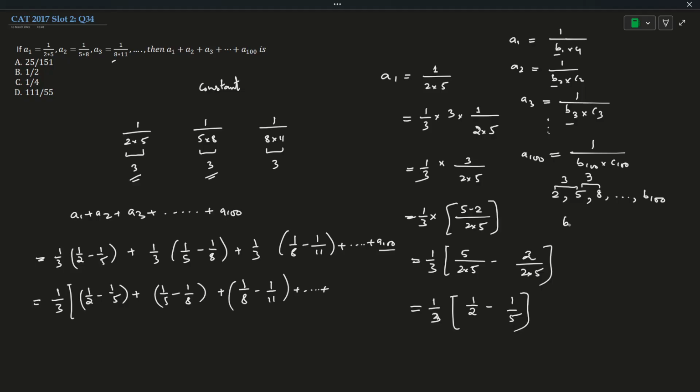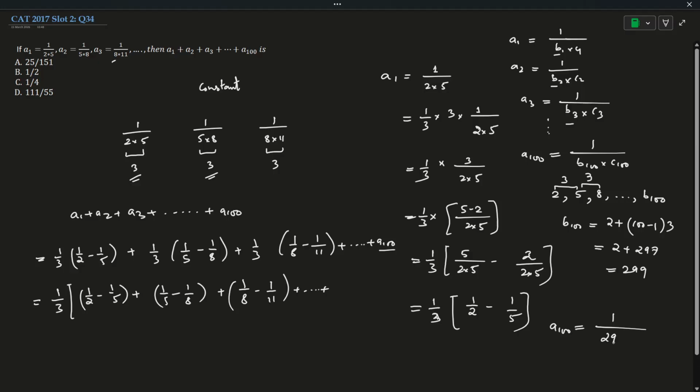That means b100 will be equal to first term plus n minus 1, where n is the number of terms, which is 100, into d, the common difference. So 2 plus 100 into 3 is 300, minus 3 is 297, so 299. That means a100 is equal to 1 by 299 into 302, right?